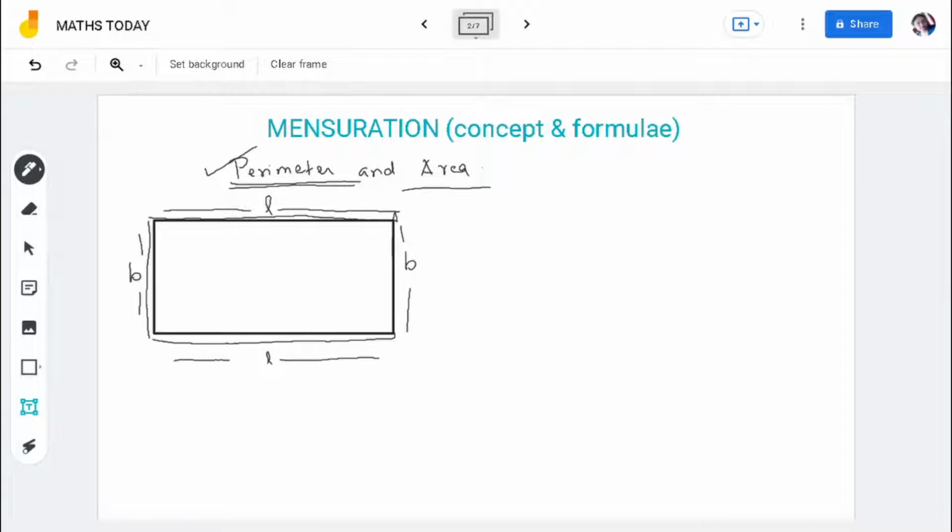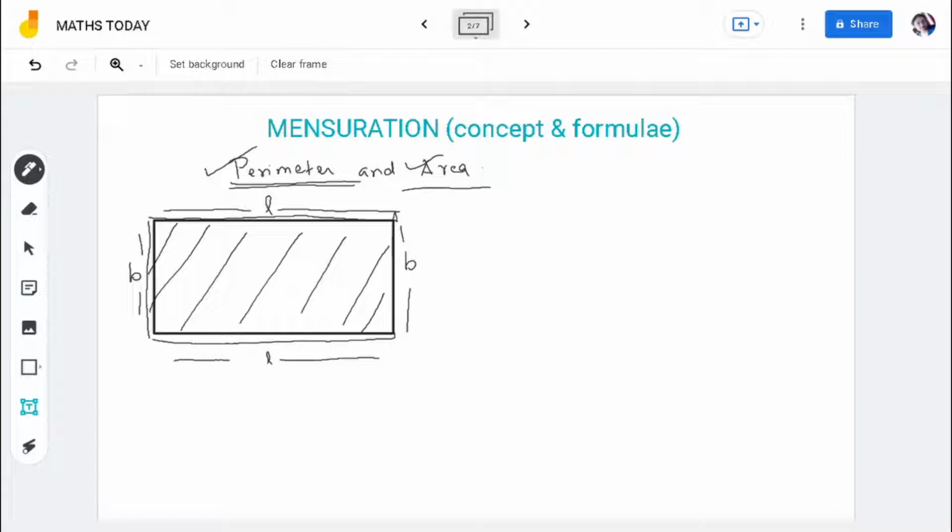Suppose I draw a plane figure on a plane, here this rectangle. This rectangle occupies some space, the area it covers on this plane. That particular space is known as the area of this rectangle. So this is the literal meaning of perimeter and area.